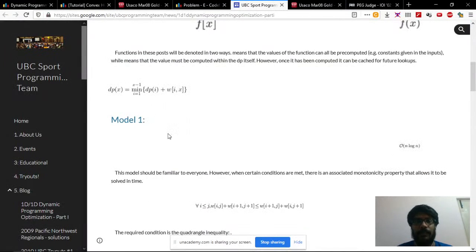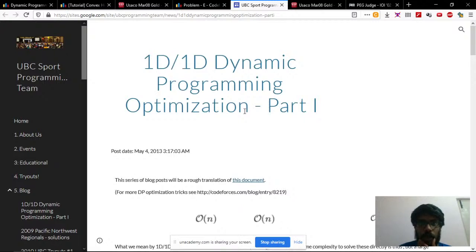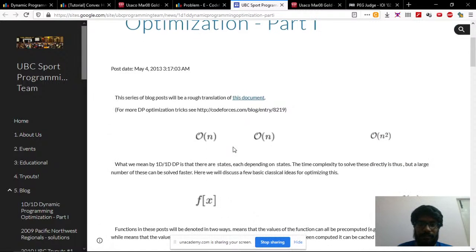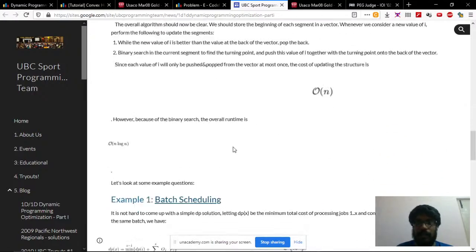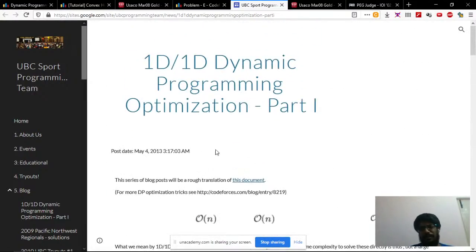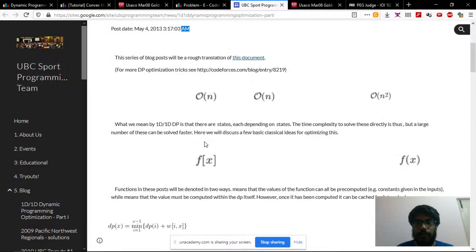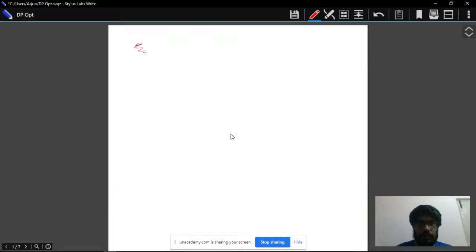The 1D I'll be covering is from this blog post by UBC programming team. Though over the last 1 or 2 years they've revamped their website, and this page is very messed up. So maybe over the week I'll try to make a doc of this and send it, because it's a very nice document. I tried contacting them to fix it, but they've not been able to get to it so far. So this is hopefully one thing which we'll do properly.